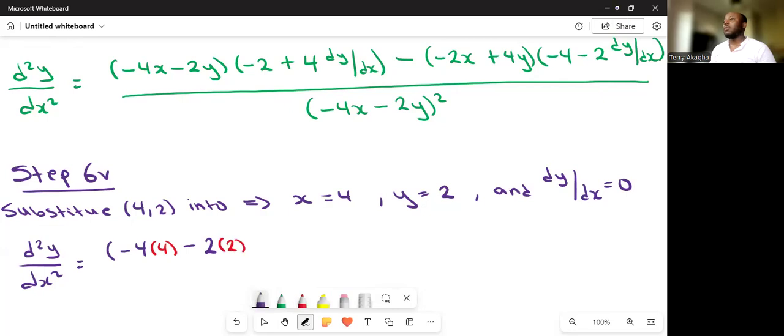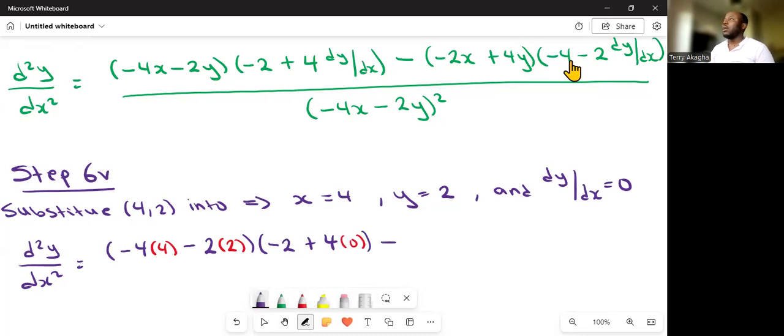Then the next one is minus 2 plus 4, and instead of dy over dx, I'm going to put 0.